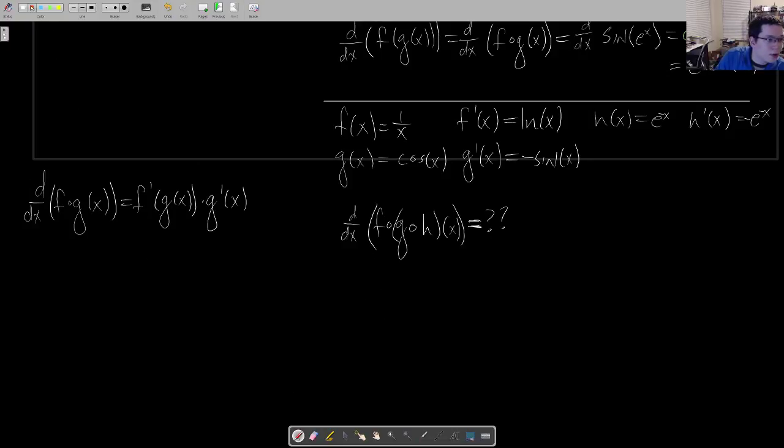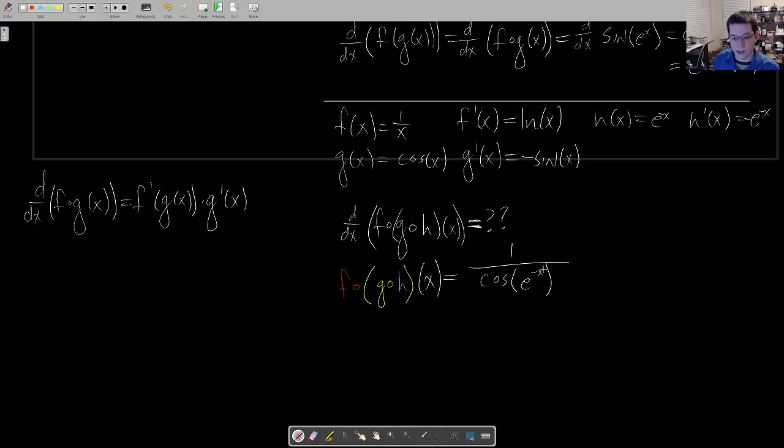Okay. F composed with G composed with H of X, that needs to be yellow, is equal to 1 divided by cosine of e to the negative x.